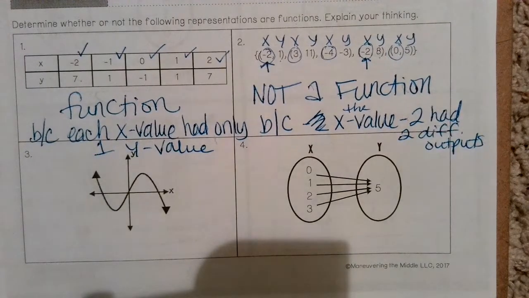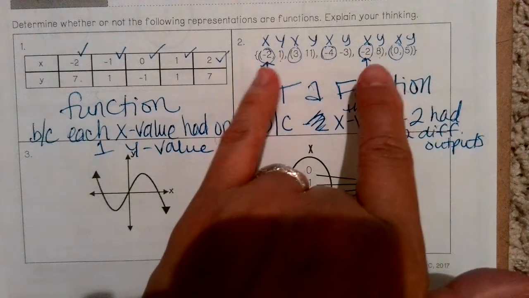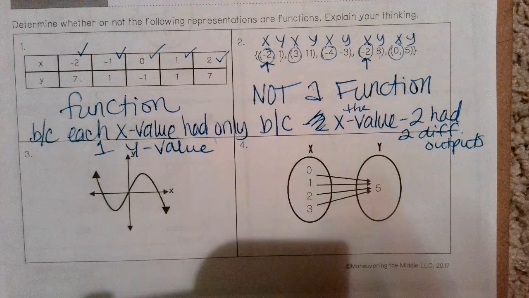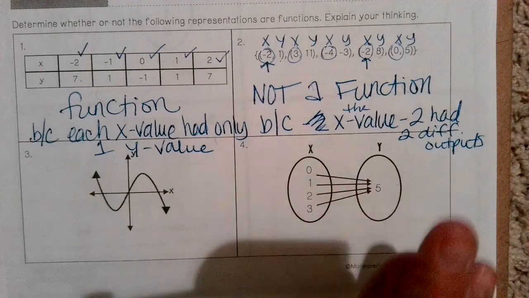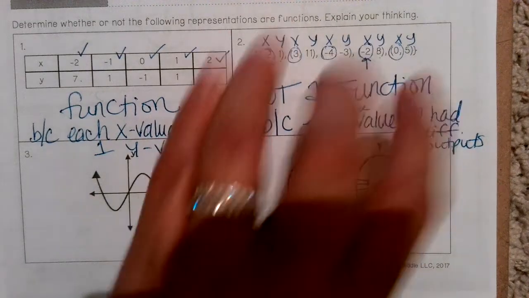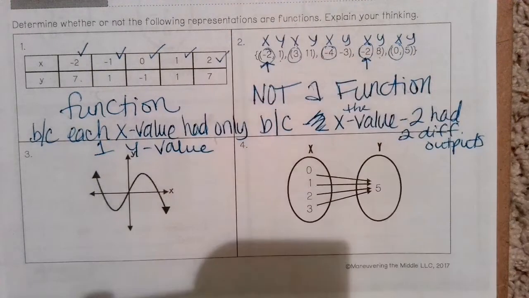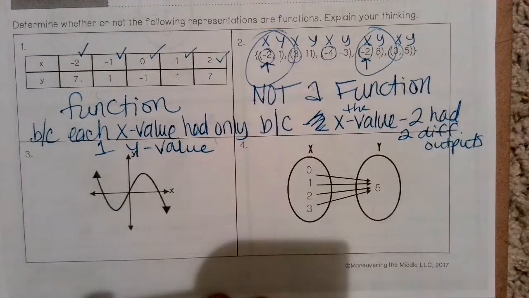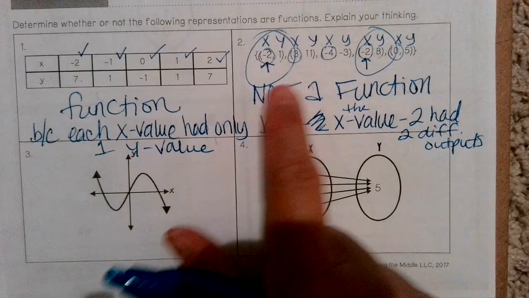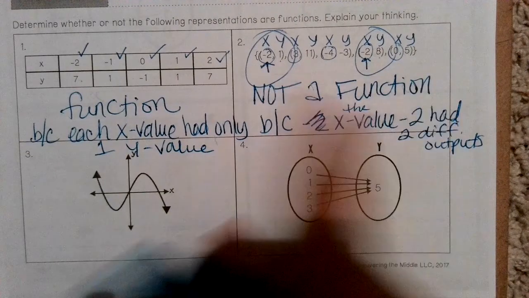So basically, if you see the same x value more than once, it's not a function because it gave you 2 different outputs. That's not allowed. Functions, you can only have one output for every input. This is not because it had 2. Okay? If you can't see these clearly while you're doing them, you could always put it in a table.